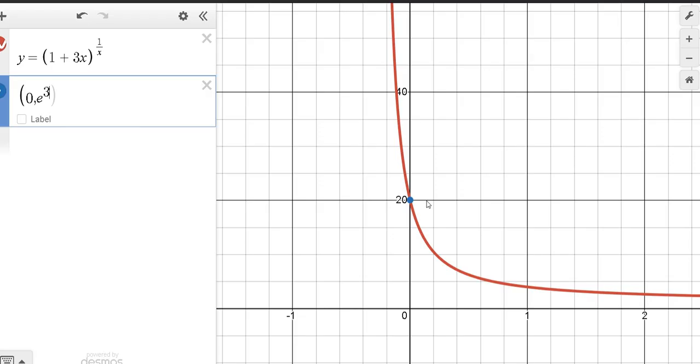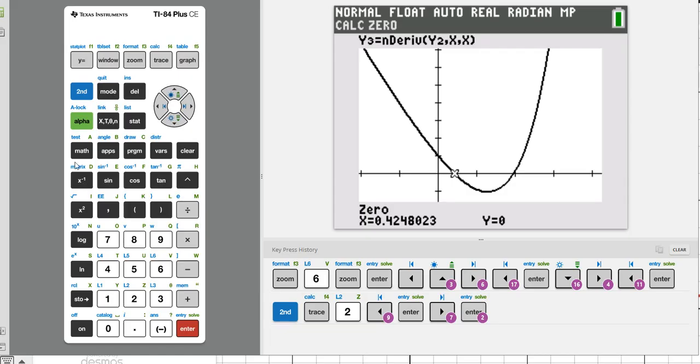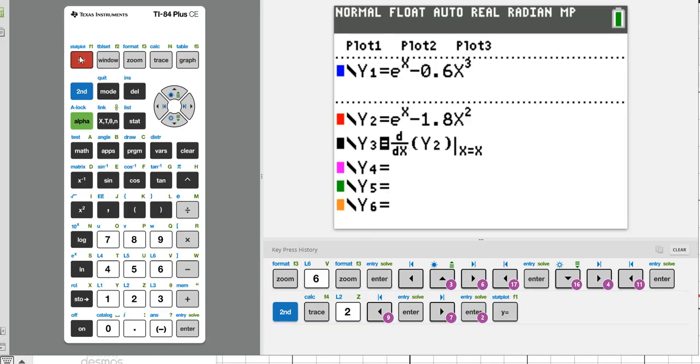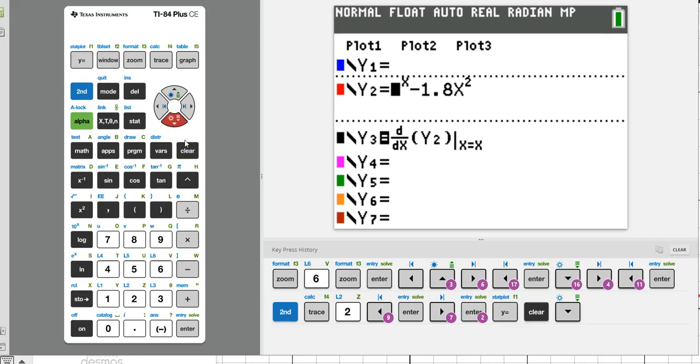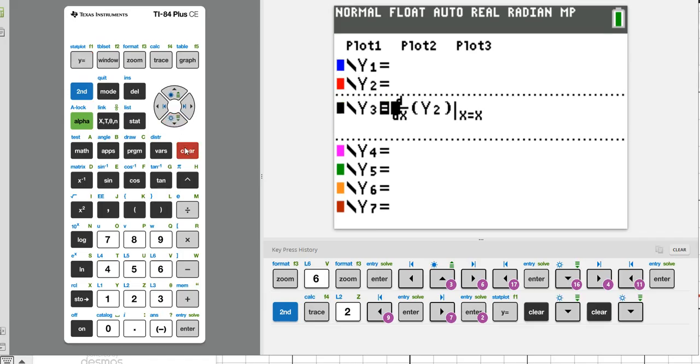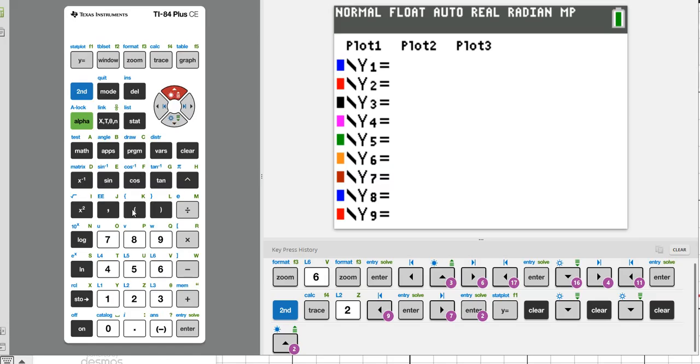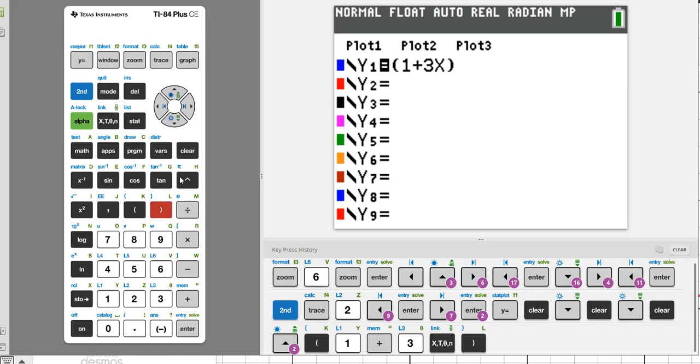Those are the two ways that would come to my mind first. One is you could plug the function into your calculator. Let me clear out this stuff. 1 plus 3x raised to the 1 divided by x.